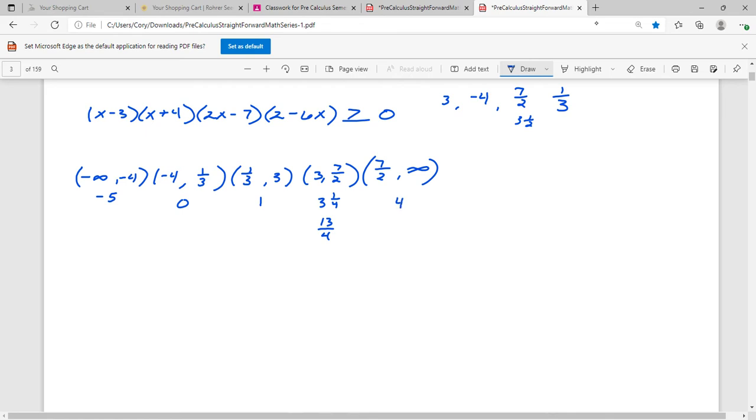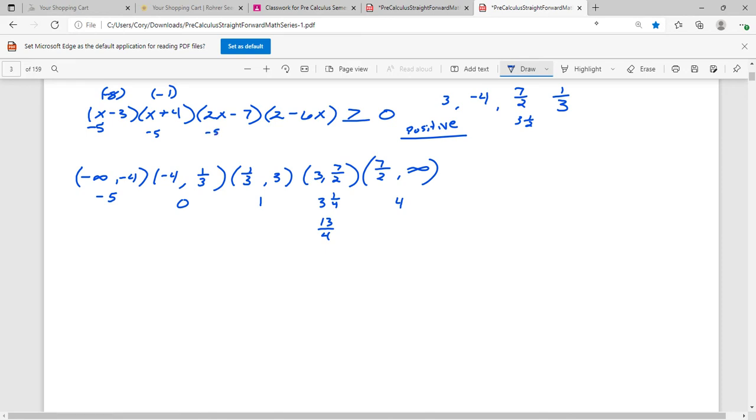Now, it's saying that it's everything greater than or equal to 0, so if it's positive, it will work, right? We can't use any negative numbers because negative numbers are not greater than or equal to 0. Alright, so if I plug in negative 5, negative 5 minus 3, I'm going to get negative 8, times negative 5 plus 4 would be negative 1.